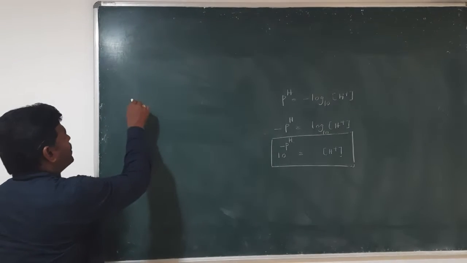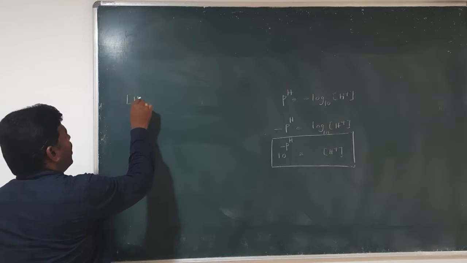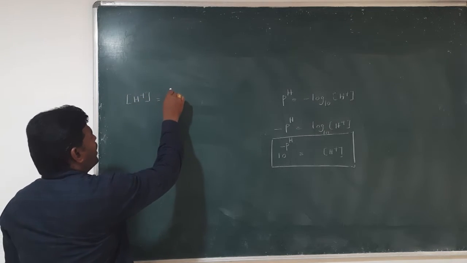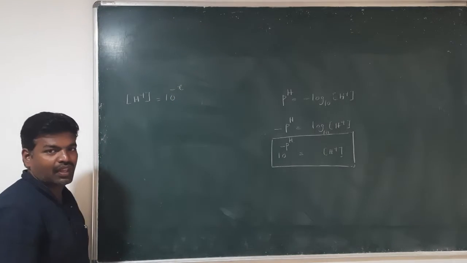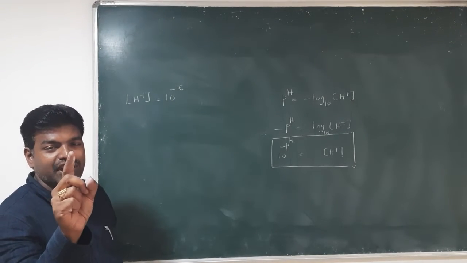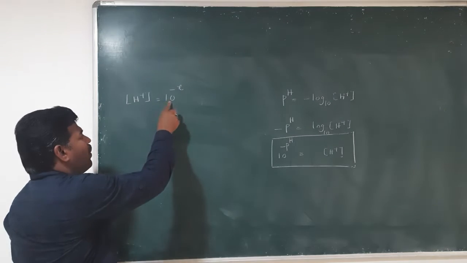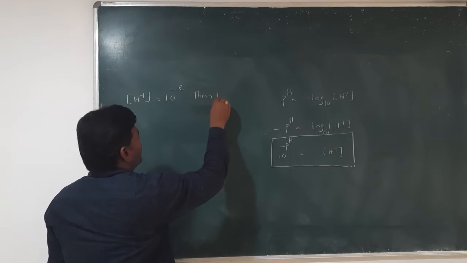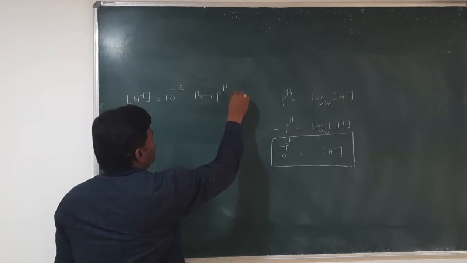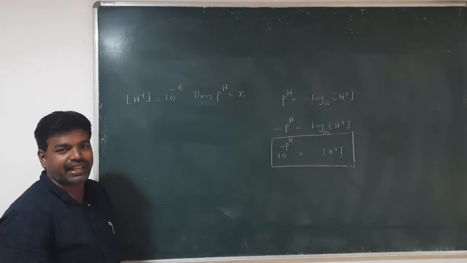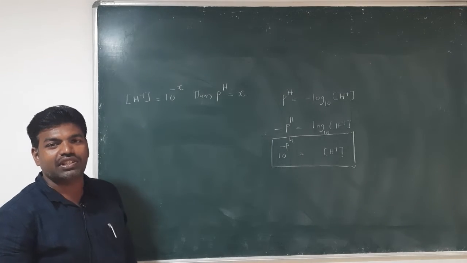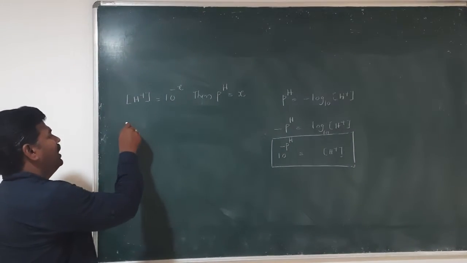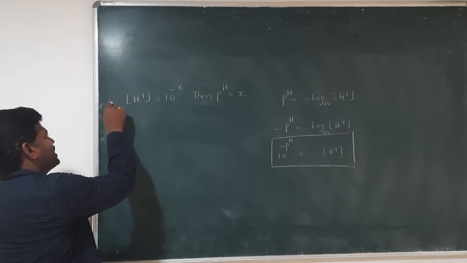If the concentration of H plus ions is equal to 10 power minus x, then the pH of the solution is equal to x. This is the first formula.